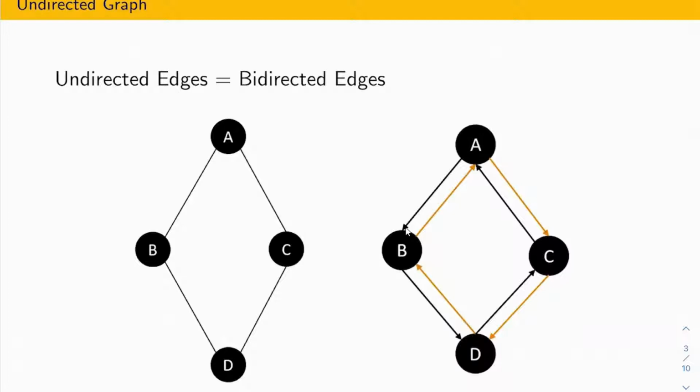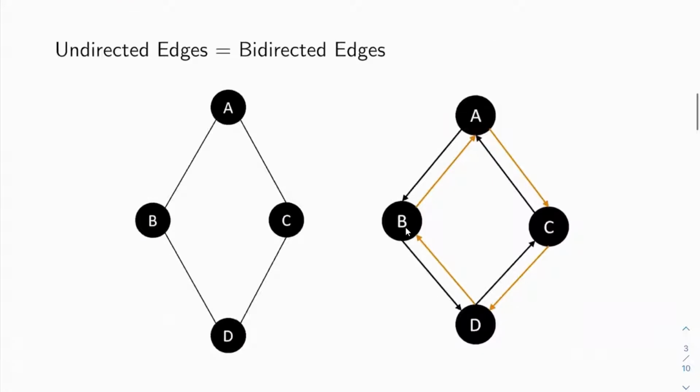You can also think of it like that. They are bidirected edges, so we don't really have any determined direction for the edges. So if there is an edge between B and D, this means that there is an arrow from B to D, and there is an arrow from D to B, which I show you like this.